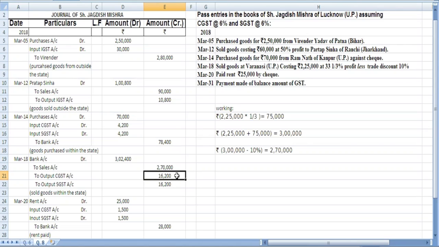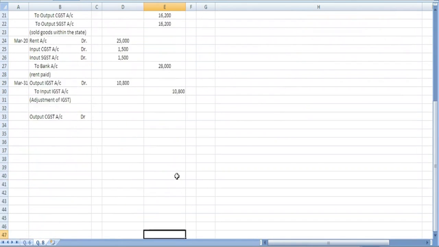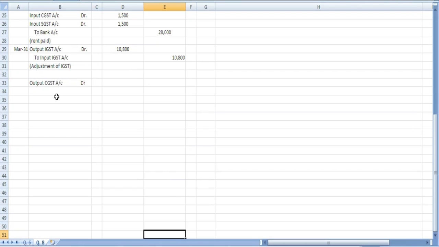We have only 16,200 as our output CGST. So we have written here output CGST, then we will write here to input CGST account.